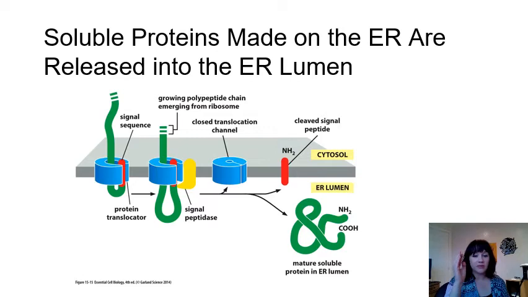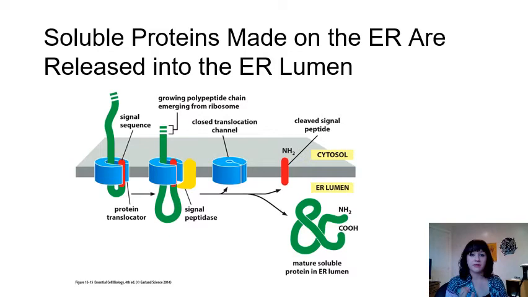As that protein gets threaded through, it's a little backwards from what you would expect. The N-terminal portion of that protein is facing the cytosol, and then the C-terminal end gets pushed through. Once the rest of that protein gets pushed through, we have a signal peptidase.